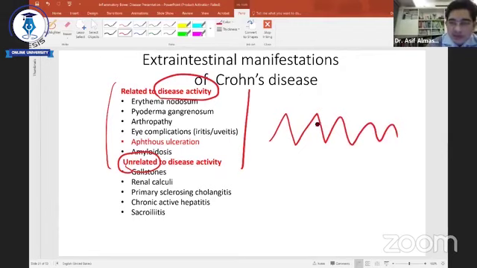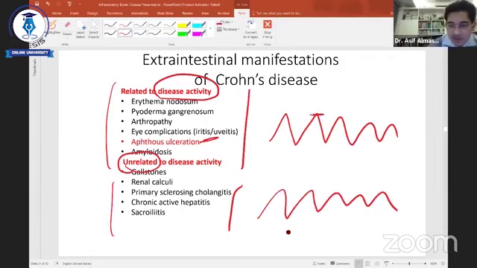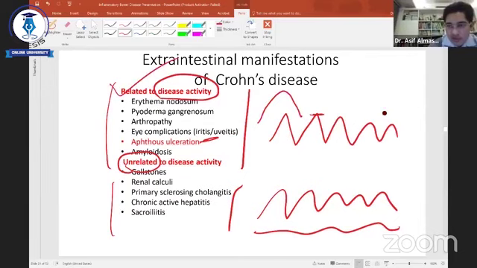If the disease is severe, there will be more aphthoid ulcerations. But these other ones are not related to the disease activity. That means it doesn't matter how severe the disease is, they will go at their own pace. But these ones will follow the severity of the disease.